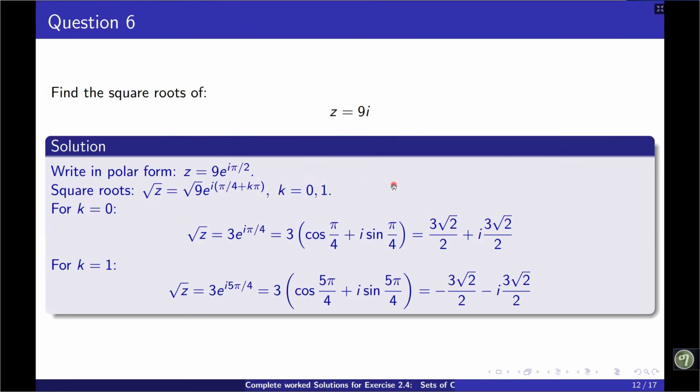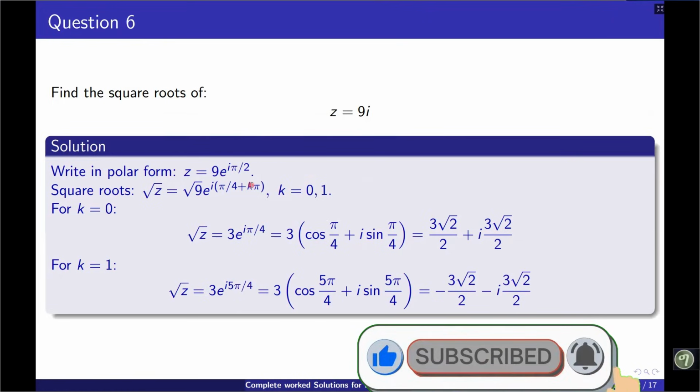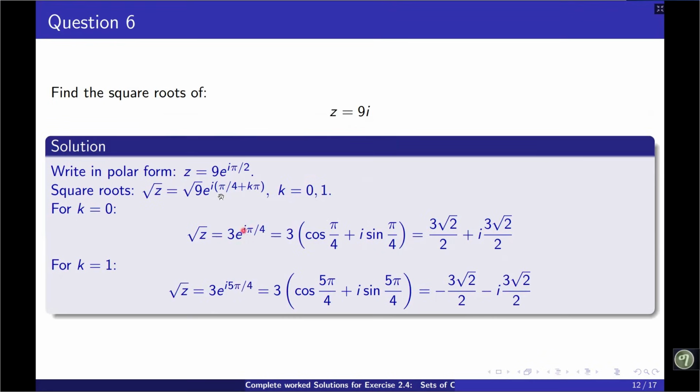It is equal to 9i. And for the other value of k, that's k is equal to 1. If you substitute 1 in the place of k, that's k pi, we have the sum of pi over 4 and pi. We will obtain 5 pi over 4, so the square root becomes 3 times, that is the square root of 9, the square root of r, times e to the power of i times 5 pi over 4, which is equal to 3 times (cosine of 5 pi over 4 plus i times sine of 5 pi over 4), which is equal to negative 3 radical 2 over 2 minus i times 3 radical 2 over 2.